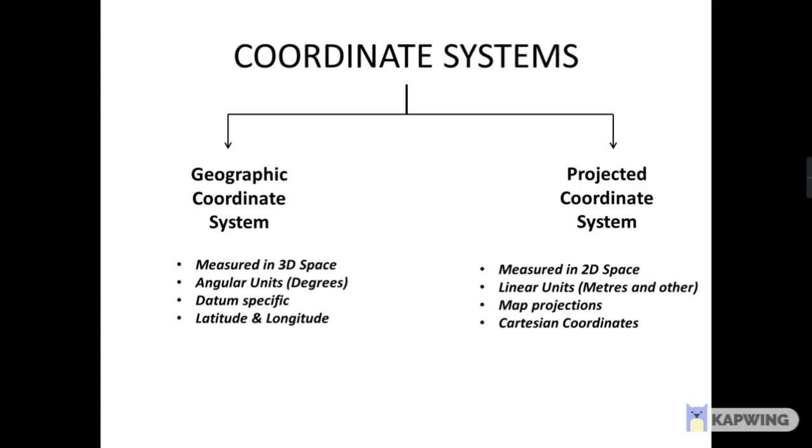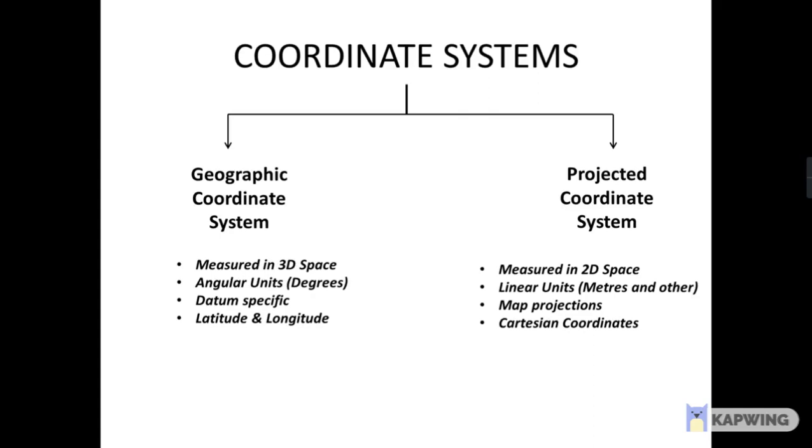This transformation of a three-dimensional space to a two-dimensional space like a map is called the map projection. There are various kinds of map projection, like cylindrical, conical, conformal, etc. We will be discussing this topic in detail in future videos.